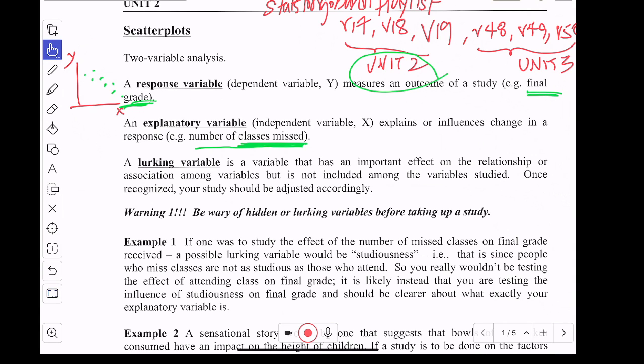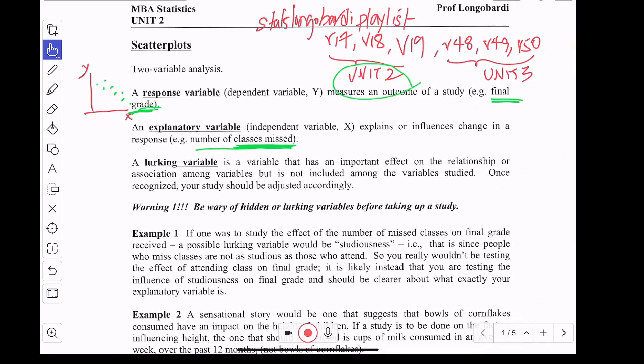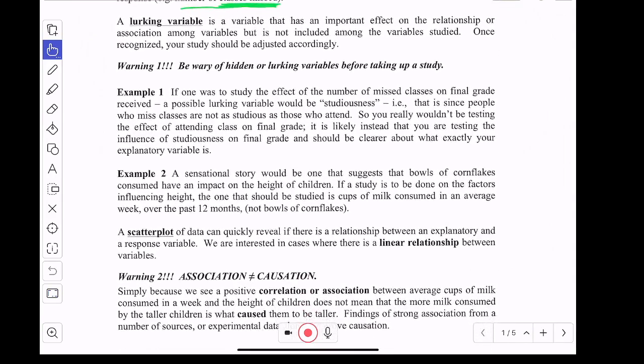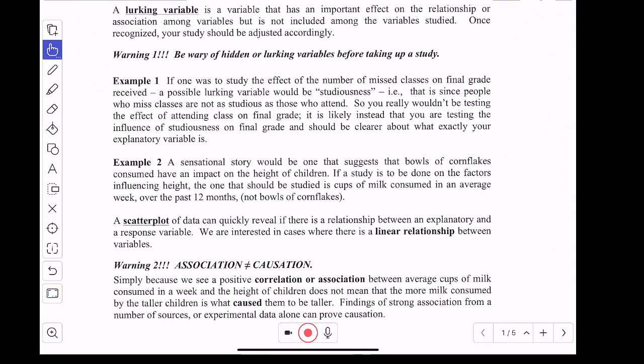Keep telling me because I need to be incentivized to do this. Anybody else? So the question is, do you want me to continue with the review? Okay.